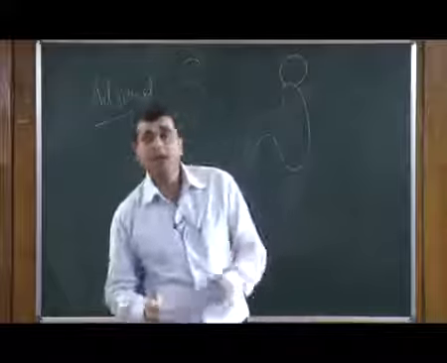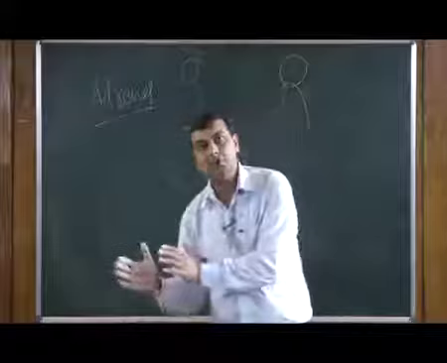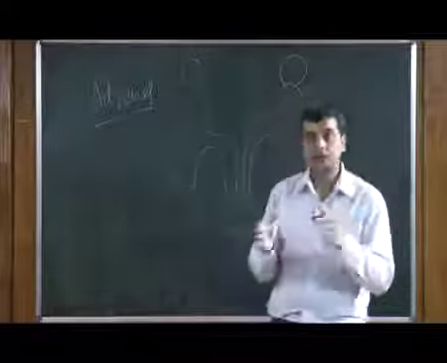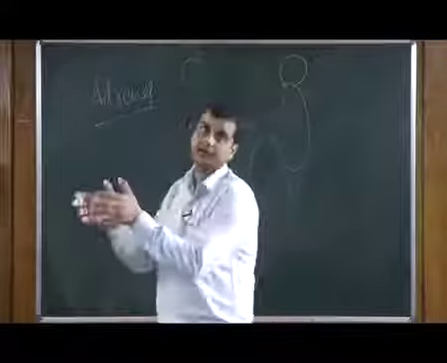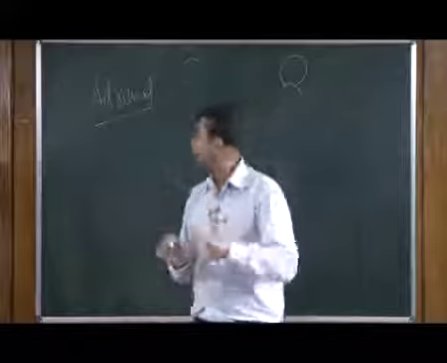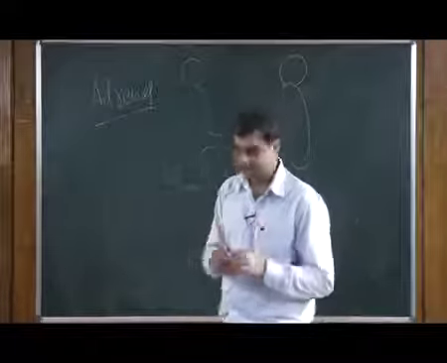In the body we have two types of glands, one called endocrine and the other called exocrine. I am not going to discuss this in detail, but exocrine glands have ducts directly secreting the secretion, while endocrine secretions are not released through a ductal system.